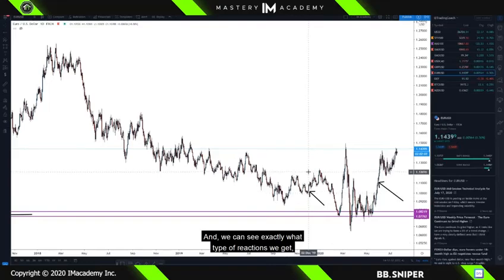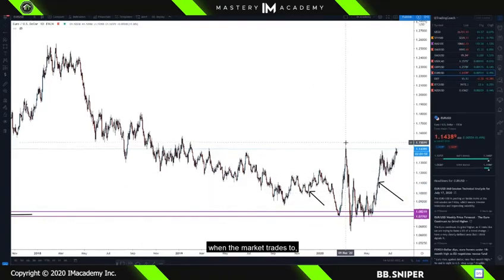And we can see exactly what type of reactions we get when the market trades to and eventually away from these areas.